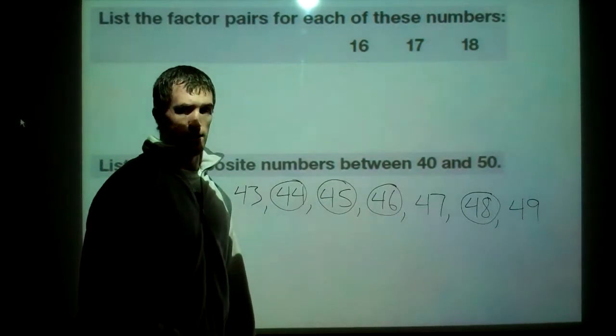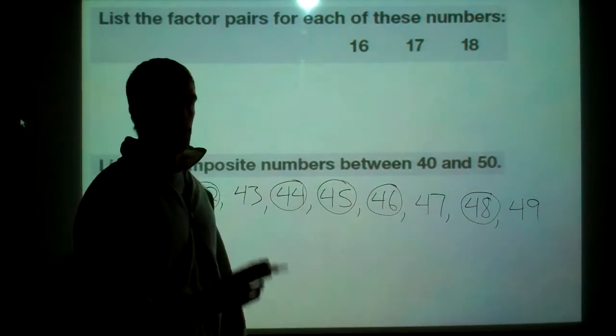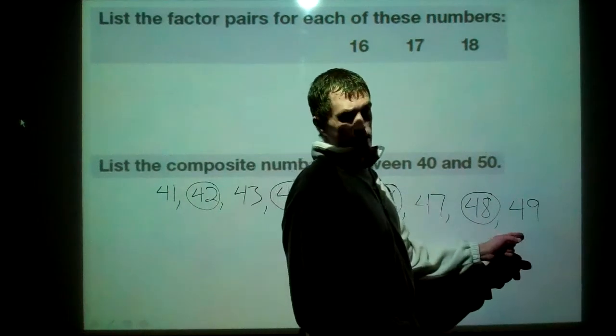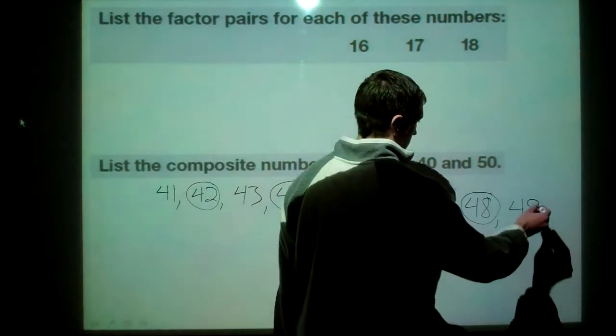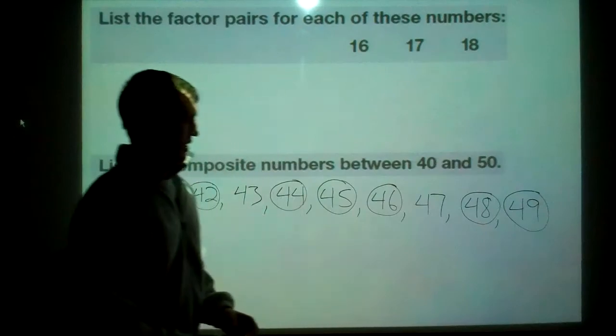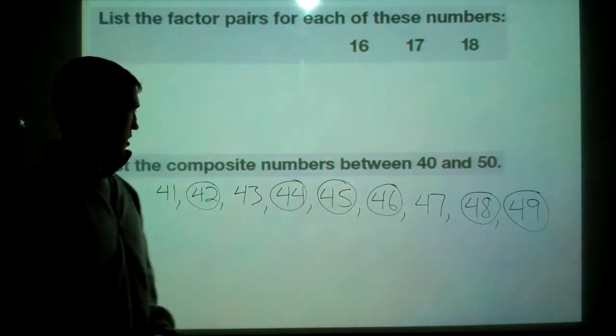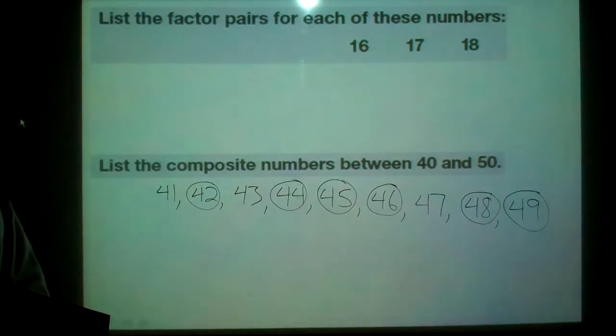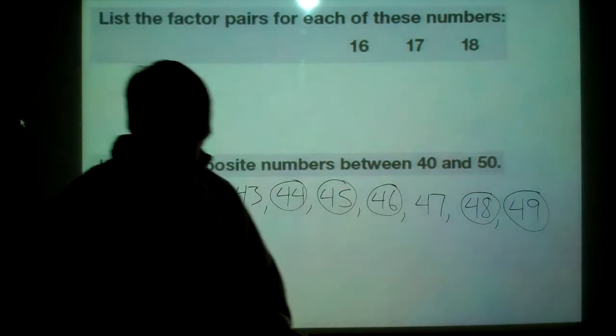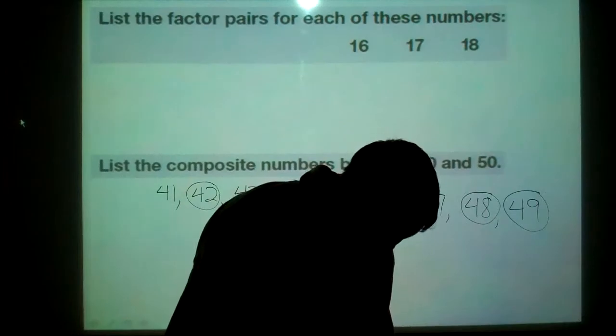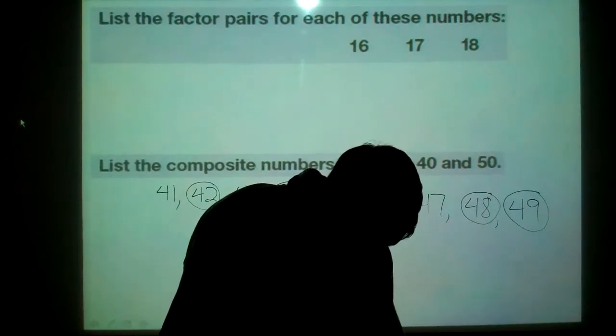I don't think anything else can divide it other than 1 and 47. 49, we know that 7 times 7 goes into that, other than 1 and itself. And I would like to double check here quick, just to make sure that those other 3 are prime numbers, which I'm pretty sure they are. But I've been wrong before, so I want to make sure.